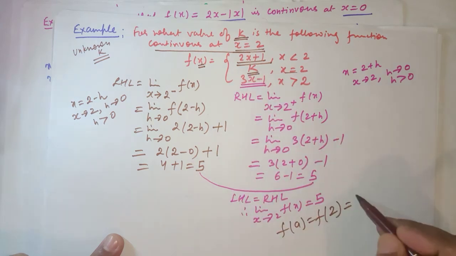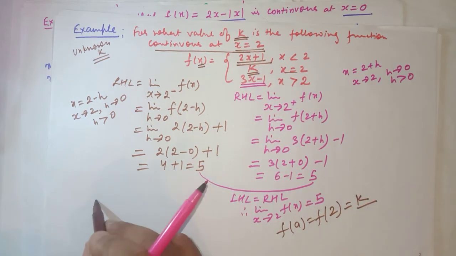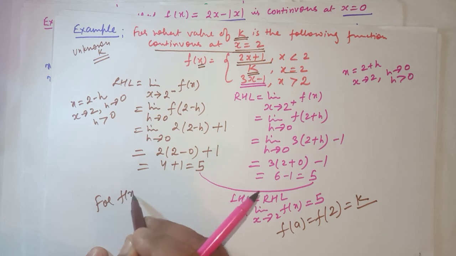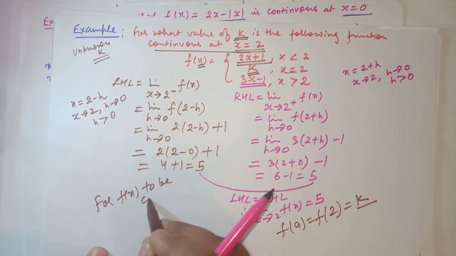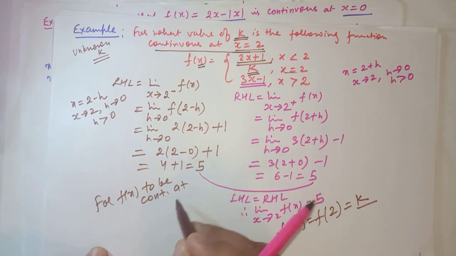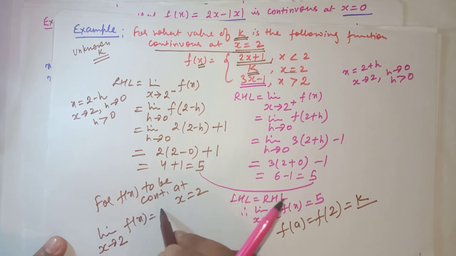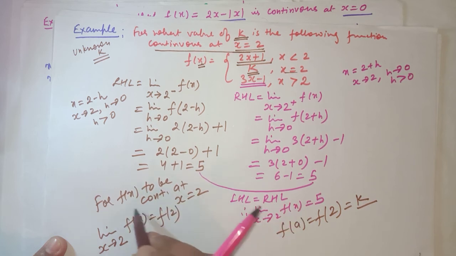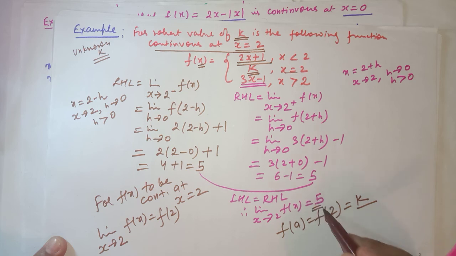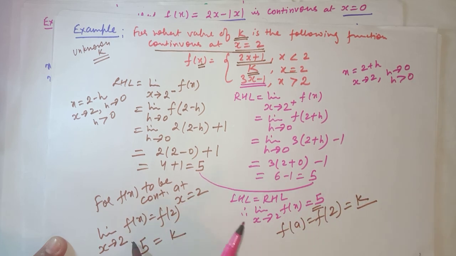So therefore f of 2 is equal to k. Now for f(x) to be continuous at x is equal to 2, the condition is limit x tends to 2 of f(x) must be equal to f of 2. So this limit is 5 and f of 2 is k. So therefore k is equal to 5. Clear?